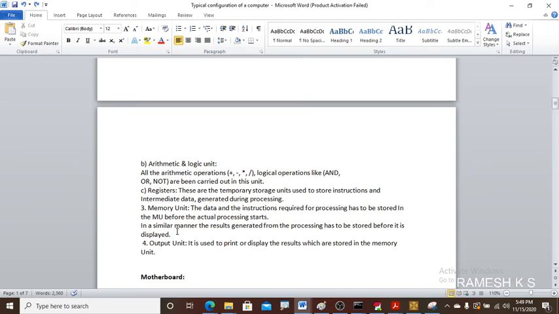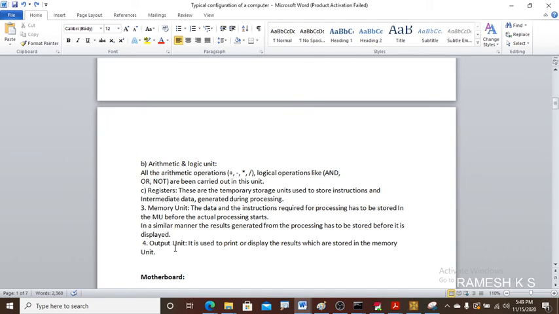It will be permanently stored data, so it can be accessed, otherwise we cannot access it. The data and instructions required for processing have to be stored in the memory unit before the actual processing starts. In a similar manner, the results generated from the processing have to be stored before they are displayed. So that is the memory unit.